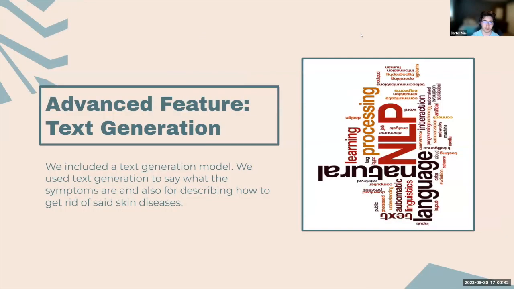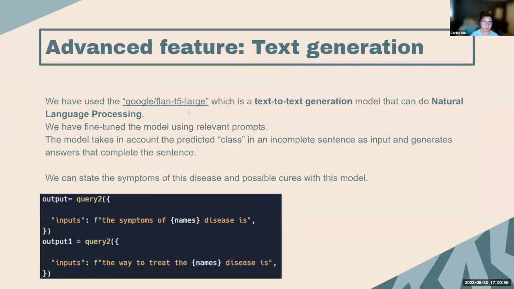For our project, we used advanced text generation using an NLP model that was able to take half of the sentence and then continue adding on to it to tell us what sort of disease it was and how to cure it. We used a Flan T5 large, which would take half of the sentence, as said, and then add on to it over time.